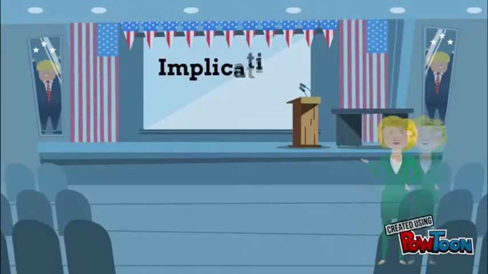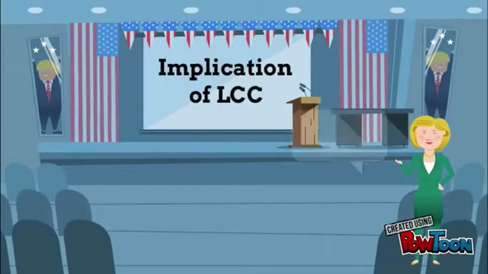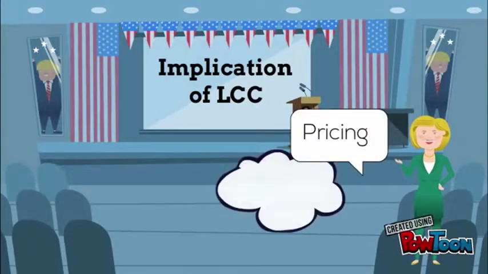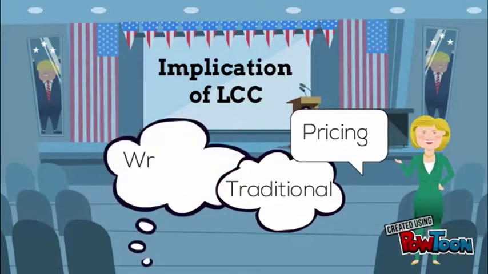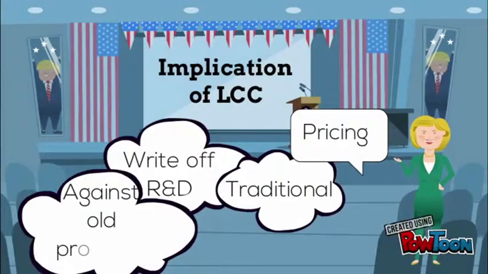So there are some implications you need to understand. For pricing, first of all, under the traditional method, we often write off research and development in the period in which they're incurred. So we look at where we've incurred our research and development costs, and we write them off during that time.